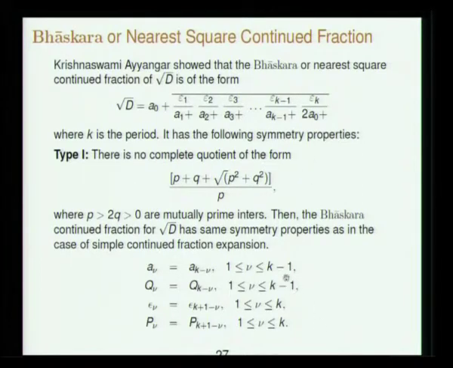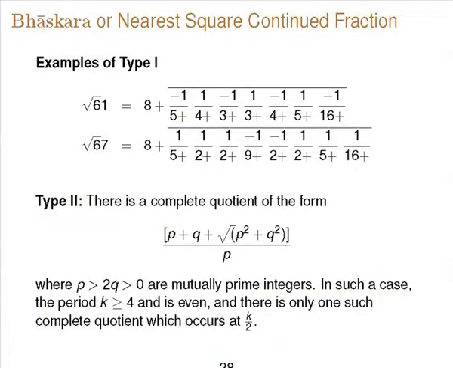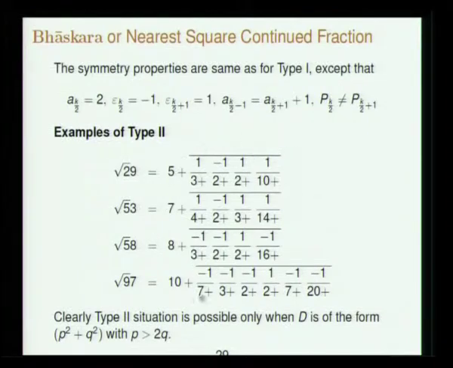The Bhaskara continued fractions have the same symmetry, but in some particular cases they have a more complex symmetry, and these are examples where the symmetry is more complex: 29, 53, 58, 97. The Bhaskara continued fraction does not have the kind of symmetry that the simple continued fraction has, it has a more complex symmetry.